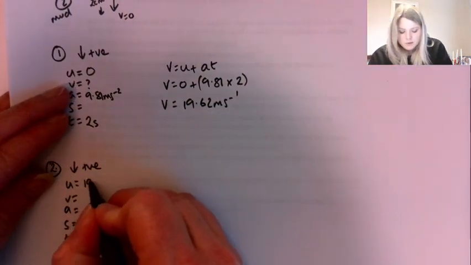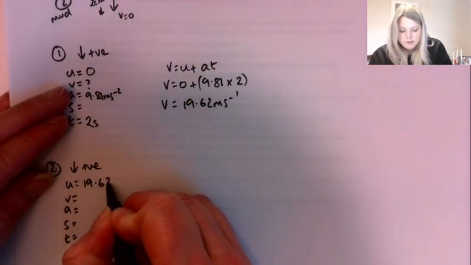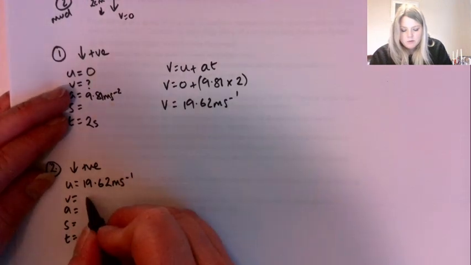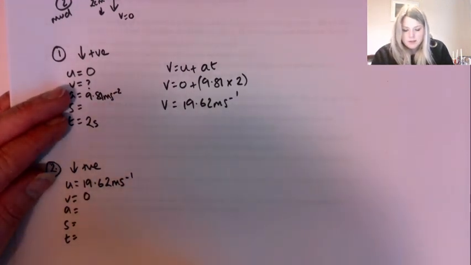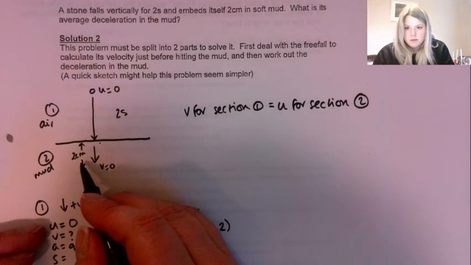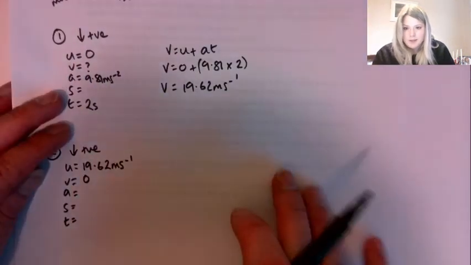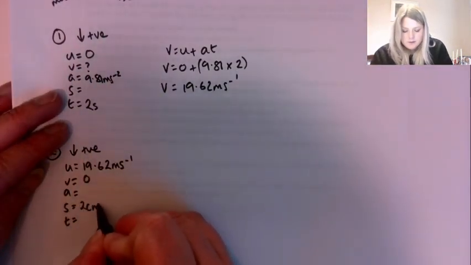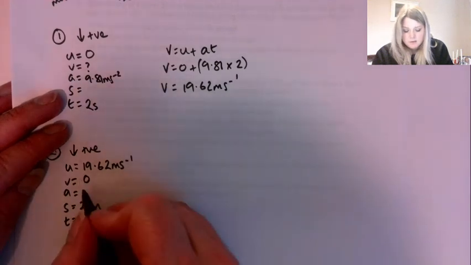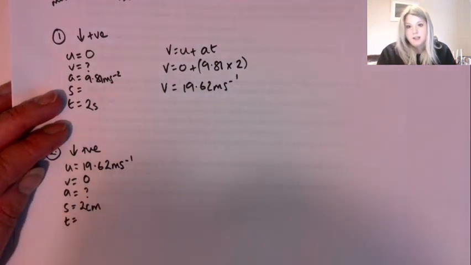So this wee stone decelerates from 19.62 to 0, and it does that in 2 centimeters. So S is 2 centimeters, and this question has asked us for the deceleration, so we have to find A.